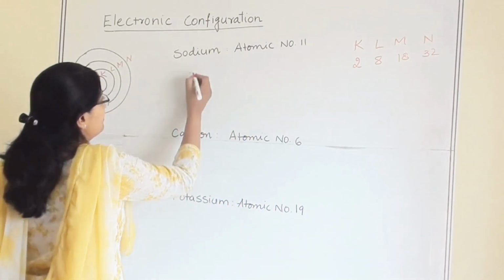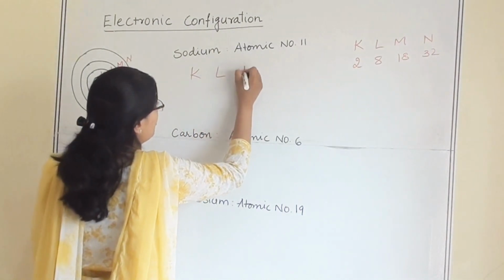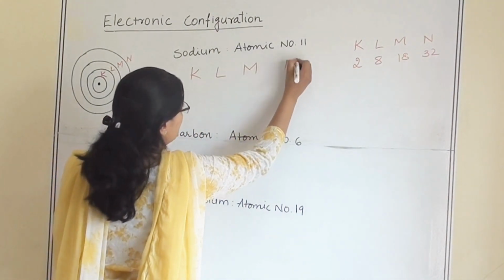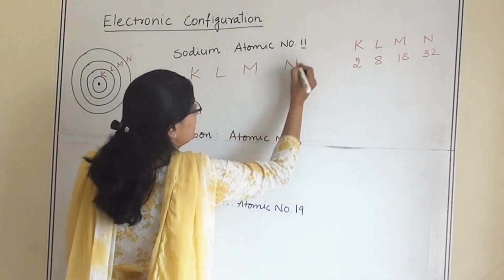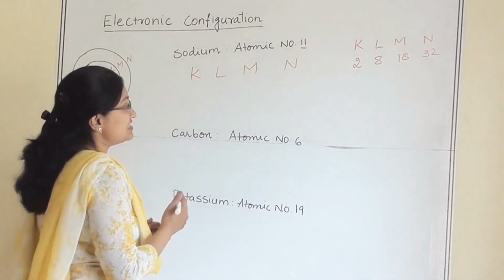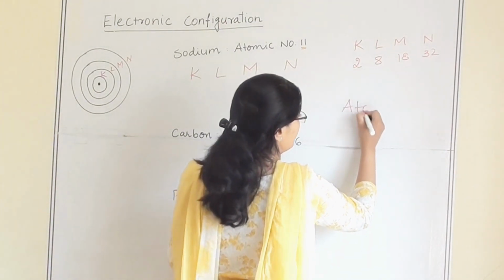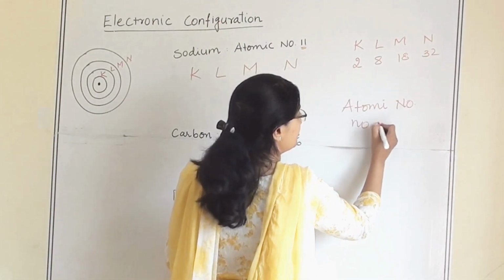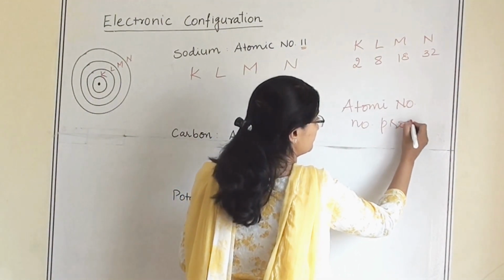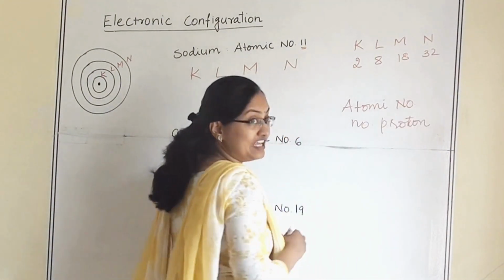So let us write the electronic configuration for sodium. So this is K, L, M and N. And atomic number is 11. What is an atomic number? Atomic number is number of protons of any element.